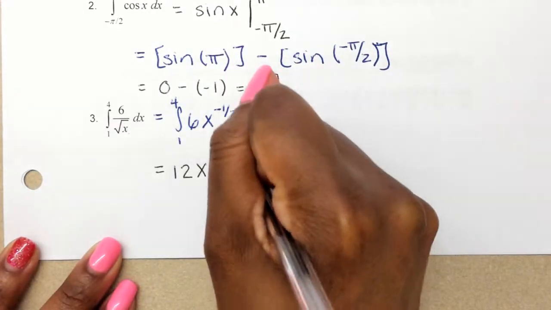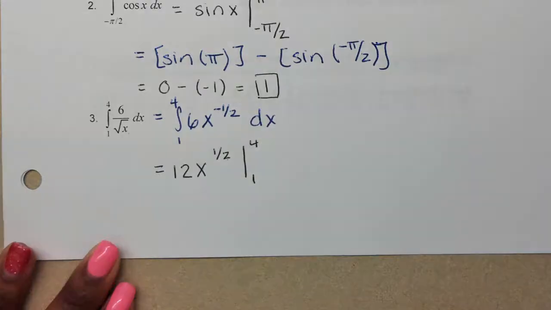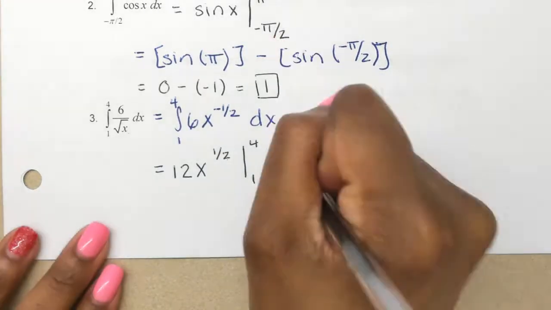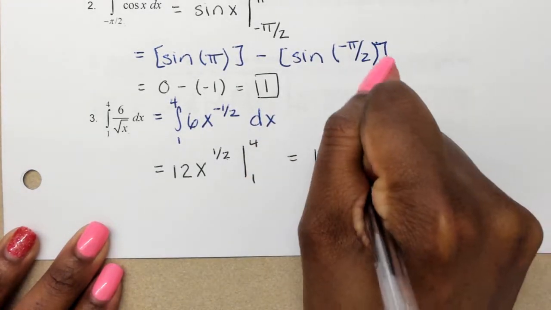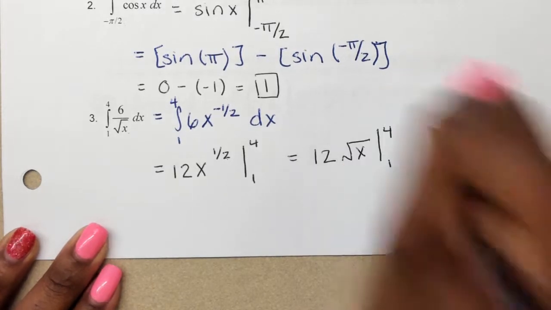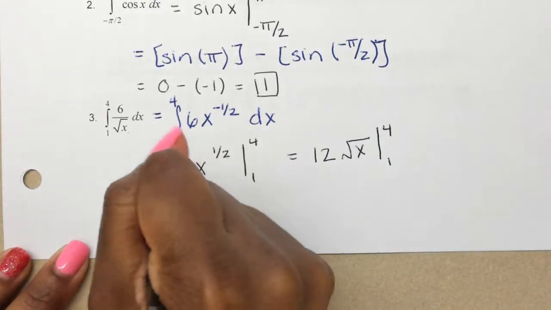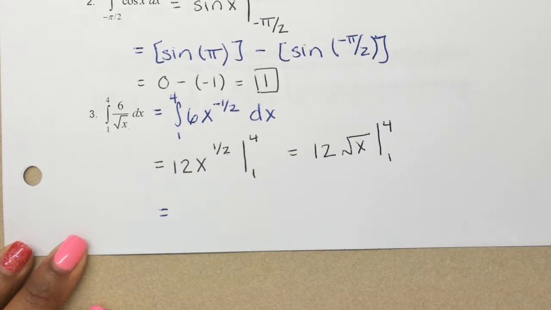And again, since we have limits, we're going to go from 1 to 4. And we can rewrite this as 12 root x from 1 to 4. So now, substitute and evaluate.